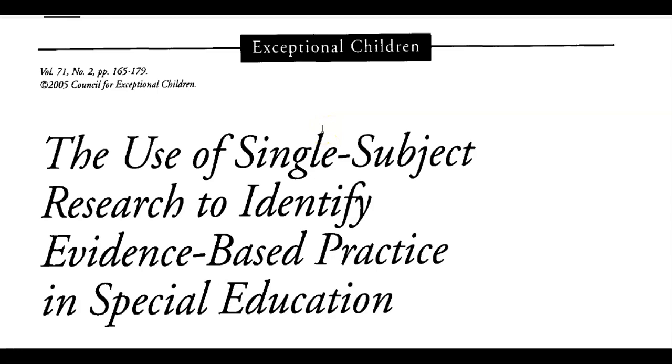The subject is referring to the participant or the student. So it is now called single case research, not to be confused with case study. That's a qualitative research methodology. Single subject research is a quantitative research methodology that, with a number of replications of effect, we can get a cause-effect relationship.